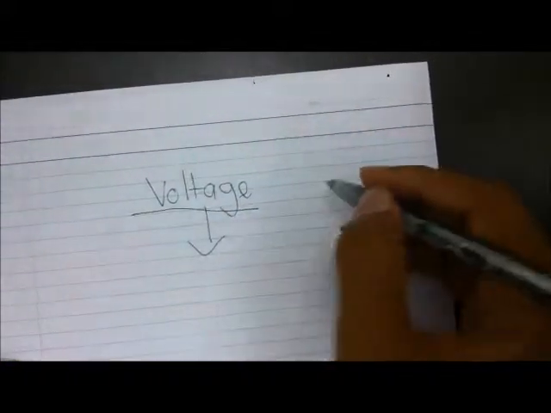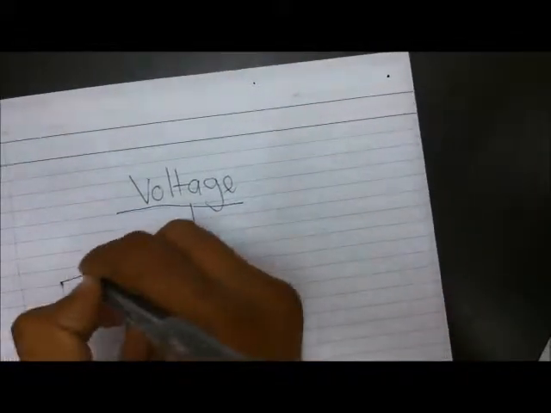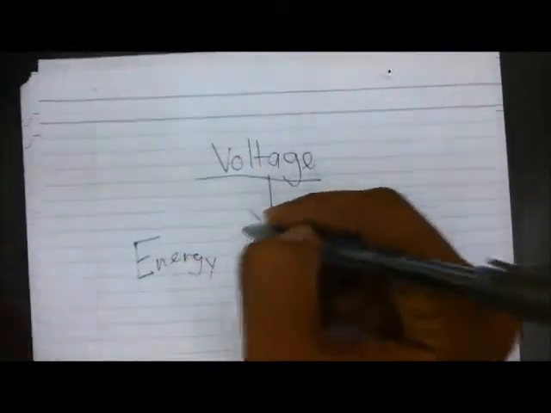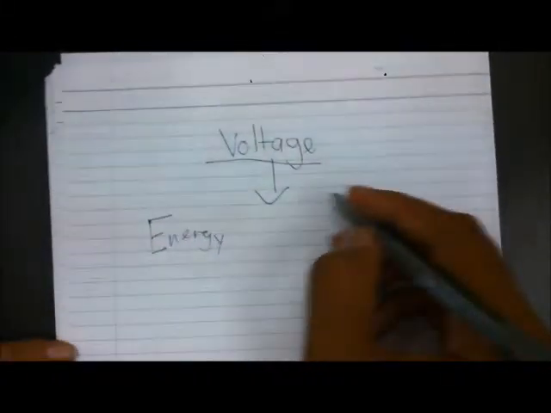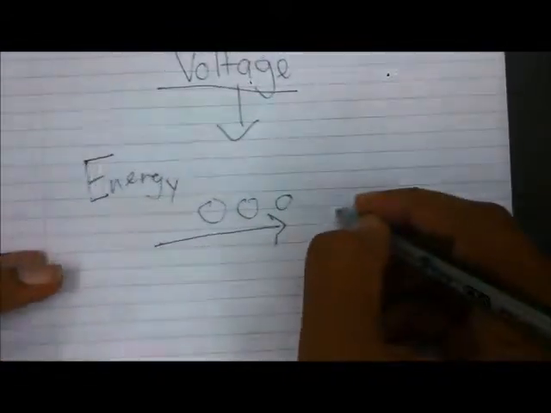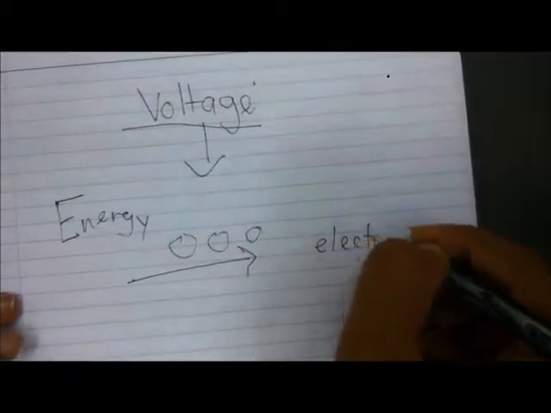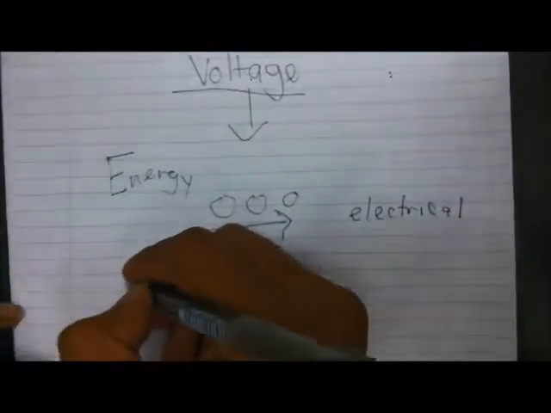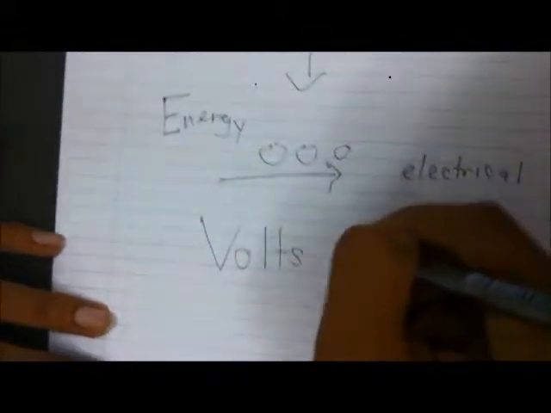Voltage is the energy required to move a unit of charge, so voltage moves the electrical charge through an element, meaning an electrical element, and it is measured in volt. So the unit of voltage is volt.